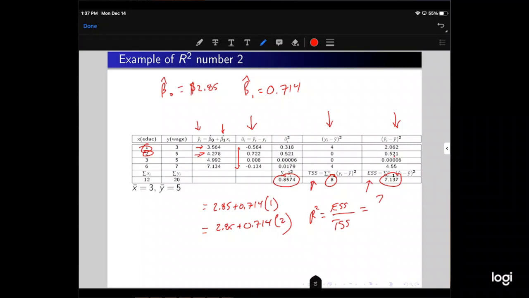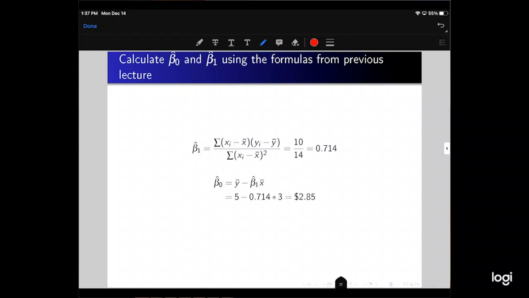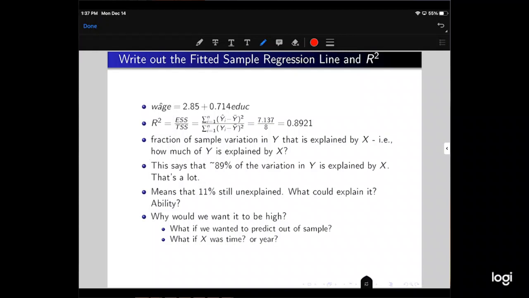It's going to be 7.137 over 8. I have these on the next slide. And then let's catch up where we were, 7.137 over 8. So the R squared is 0.8921.